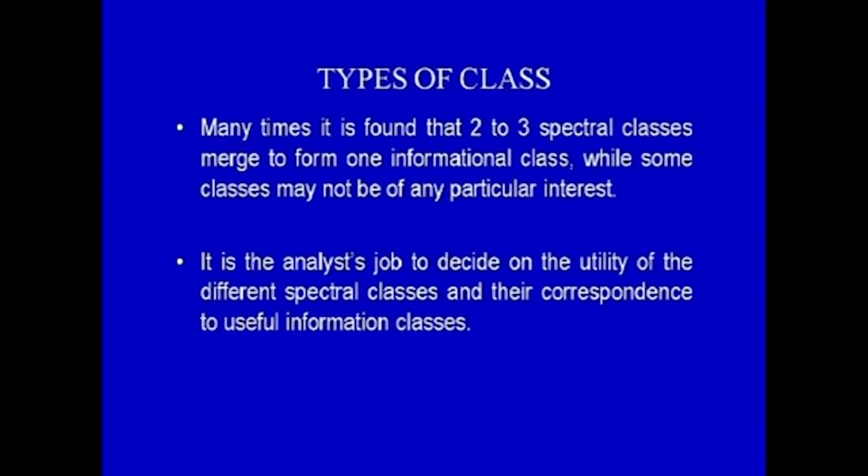Many a times, it is found that 2 to 3 spectral classes merge to form one information class, while some classes may not be of any particular interest. It is the analyst's job to decide on the utility of the different spectral classes and their correspondence to useful information classes.